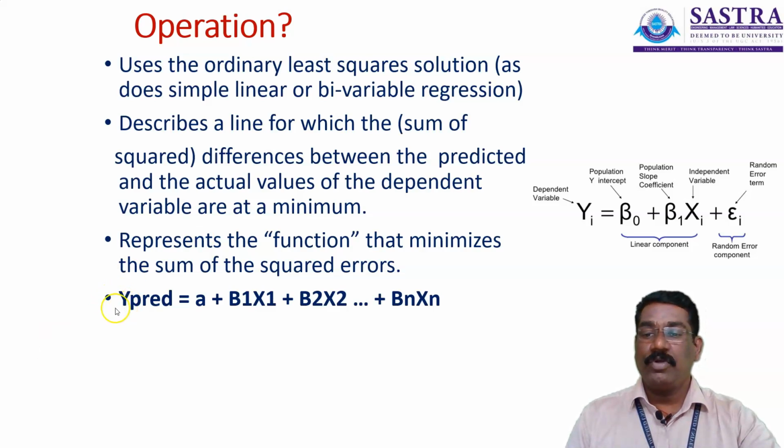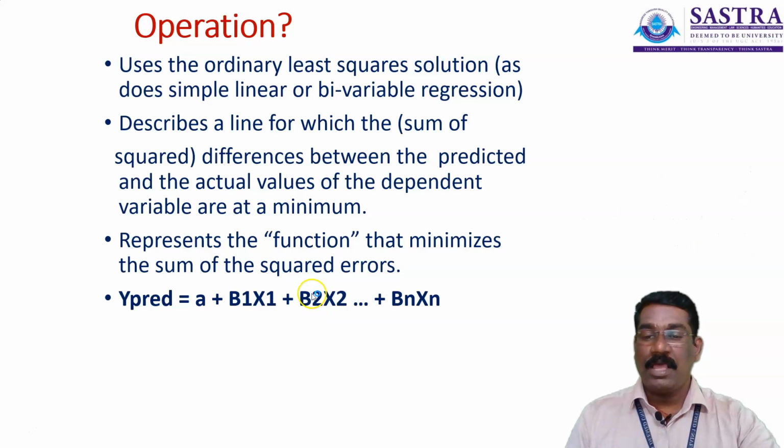For example, here y is the predicted dependent variable, and the other one is the constant, and these are the variables called the independent variables. These independent variables help us to predict the dependent variable called y.